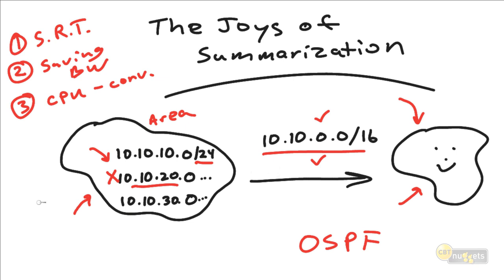So what do I like to refer to this third benefit as? Well, I said it earlier, it is convergence domain reduction. Yep, convergence domain reduction. We are making the convergence domain, all of the devices that need to converge to the loss of a prefix, we're making that overall domain smaller. And the smaller that domain is, the more efficient our layer 3 architecture.